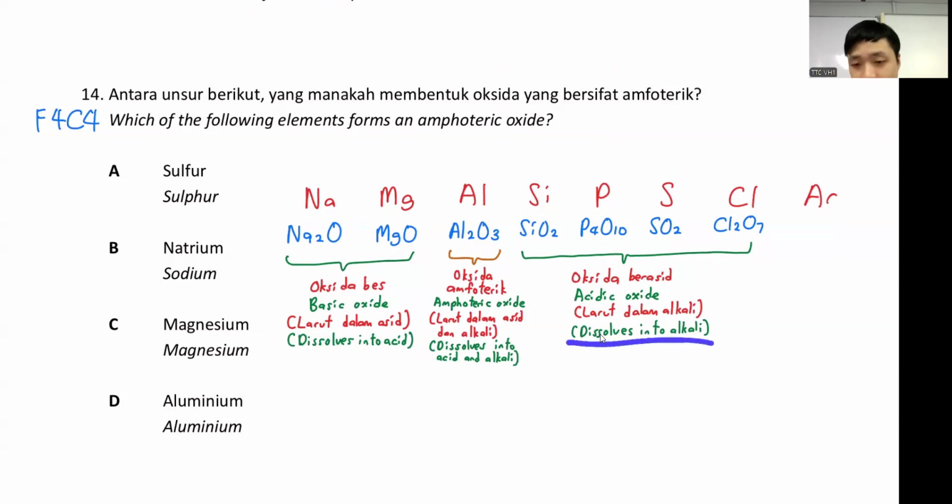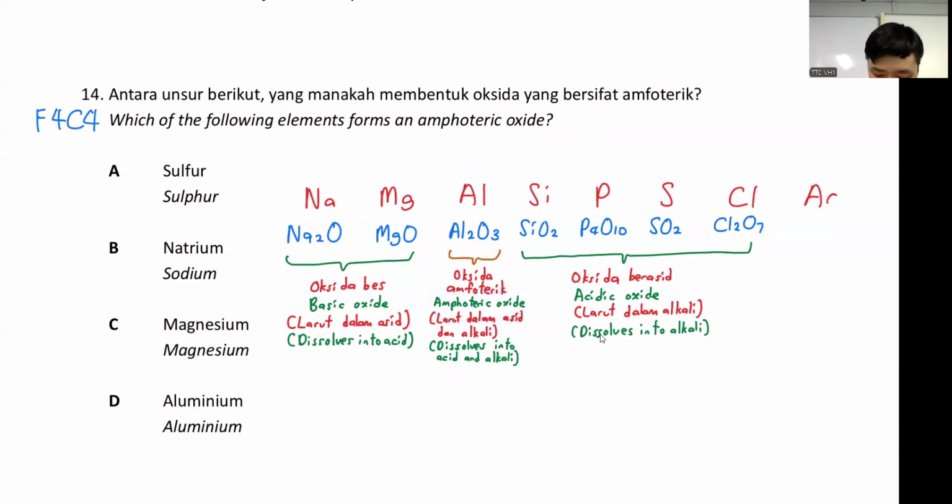So they can dissolve in alkaline, 可以溶进 alkaline 里面. So the only special one is aluminium. Aluminium oxide can dissolve in both acid and alkaline. This one is called amphoteric oxide.